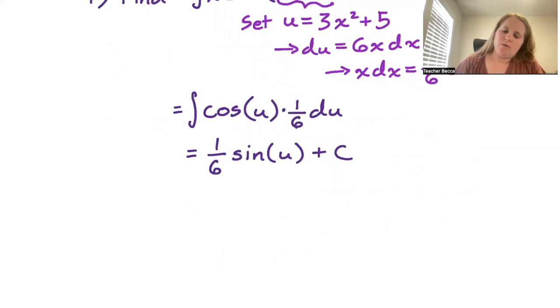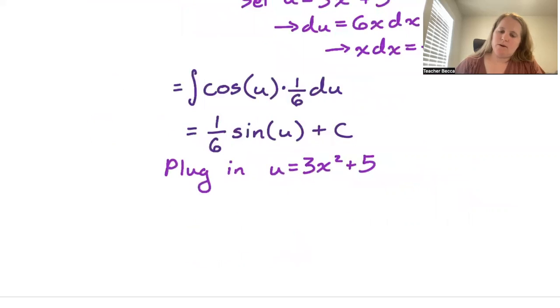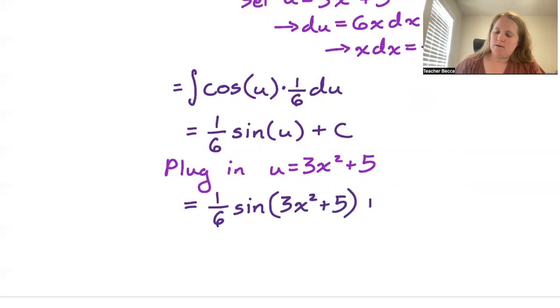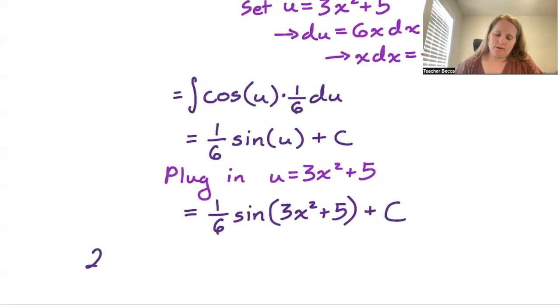If we go ahead and plug back in u equals 3x squared plus 5, we have 1/6 sine of 3x squared plus 5 plus c. Our next step from here is to then apply the fundamental theorem of calculus.